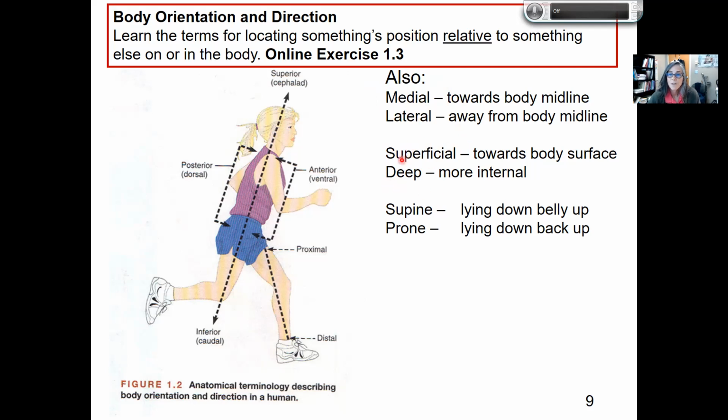Now, superficial and deep. What's important about superficial and deep is that it has to do with layers. Remember that. When we're talking about layers, what does that mean? Well, there's a lot of layers in my hand. How so? If you go from the outside to the inside, how many layers do you have to get through? You have to get through the skin. You have to get through a fatty tissue layer, which is connective tissue.